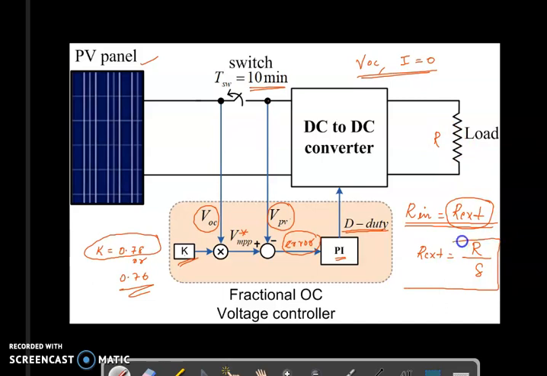So by changing the duty, we can control the effective value of resistance seen from the input side. By matching the internal and external resistance, we can extract the maximum energy from the solar panel.